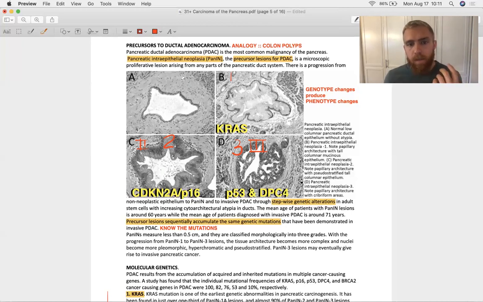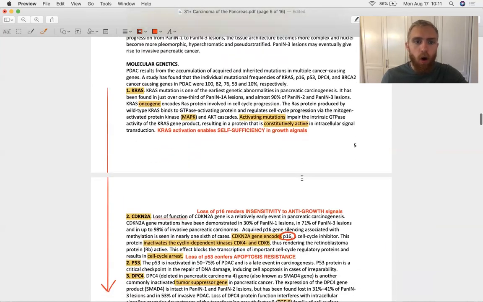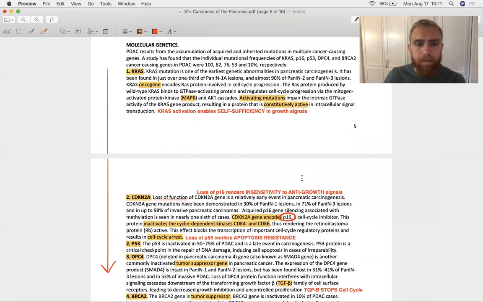And obviously, well, maybe not obviously, but the shape of the cells that you see on histology is determined by the contents of that cell's DNA. So they correspond and overlap. You got to know all these mutations, period.